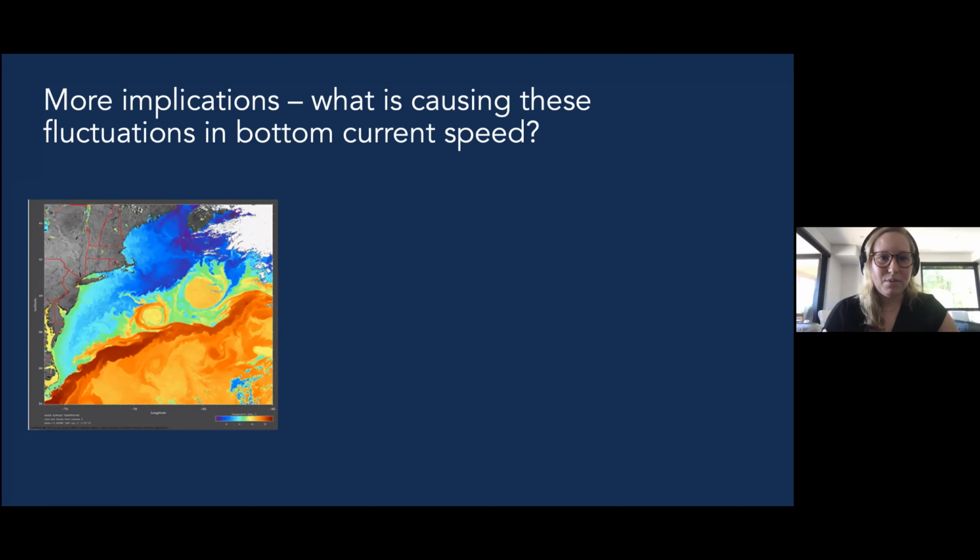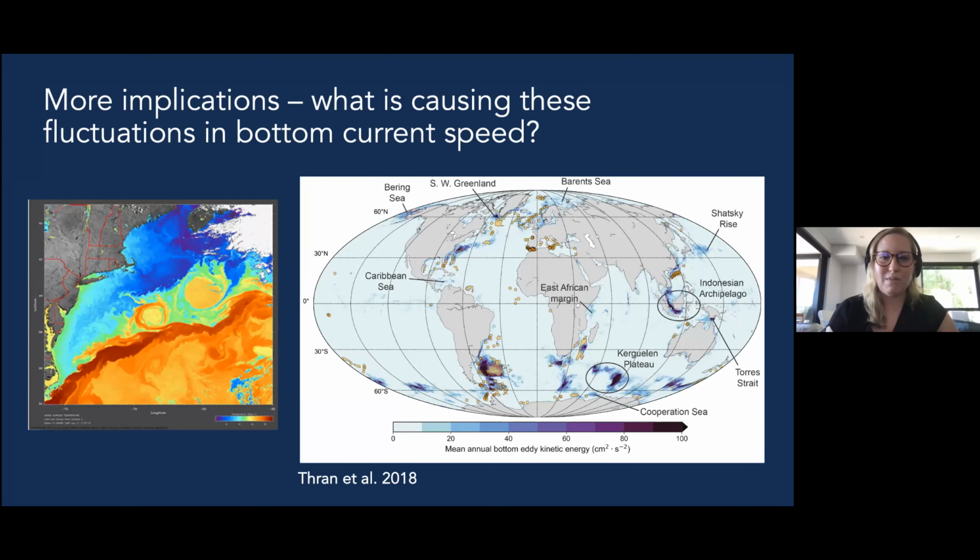This is a plot showing mean annual bottom eddy kinetic energy, which is computed in our model. We found that eddy kinetic energy was 3 times higher in areas with Contourites than in the rest of the ocean. The cool thing about this finding is that there's a team in the US who came up with a similar hypothesis, completely independently from us, and they studied benthic storms using field measurements.